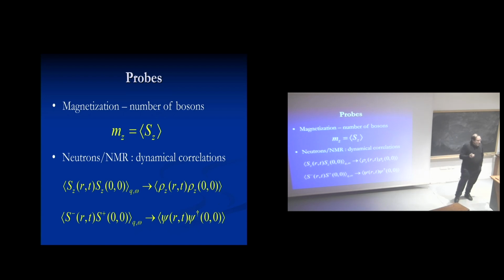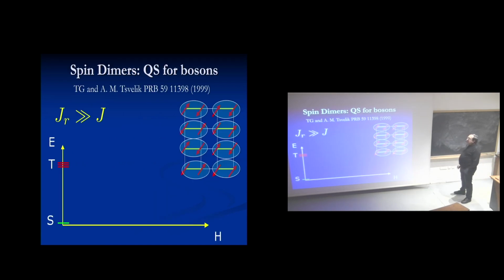So by simply doing a neutron experiment on the spins, you get access to both correlation functions at the same time. So let me show you a little example, which actually we discovered with Alexei Tsvelik in the last century, just 2 years before, okay?